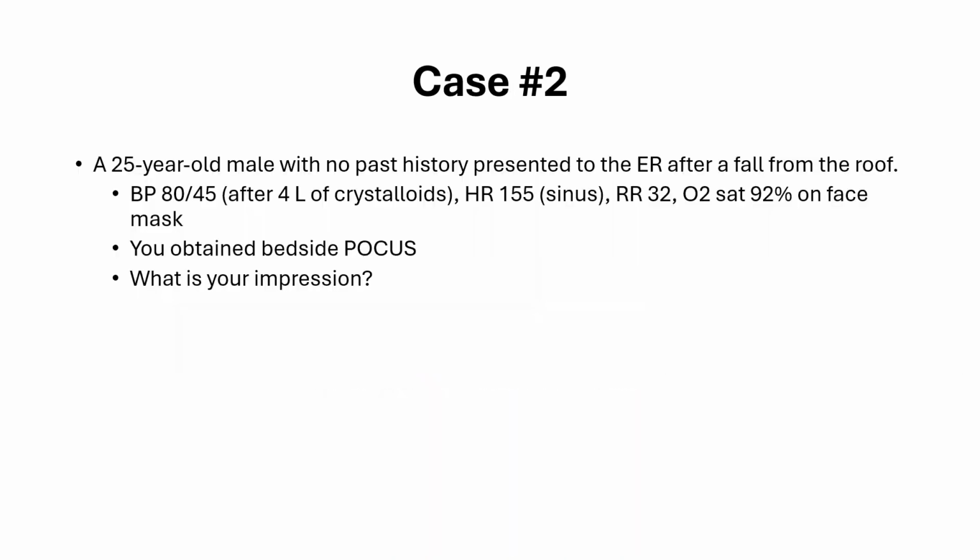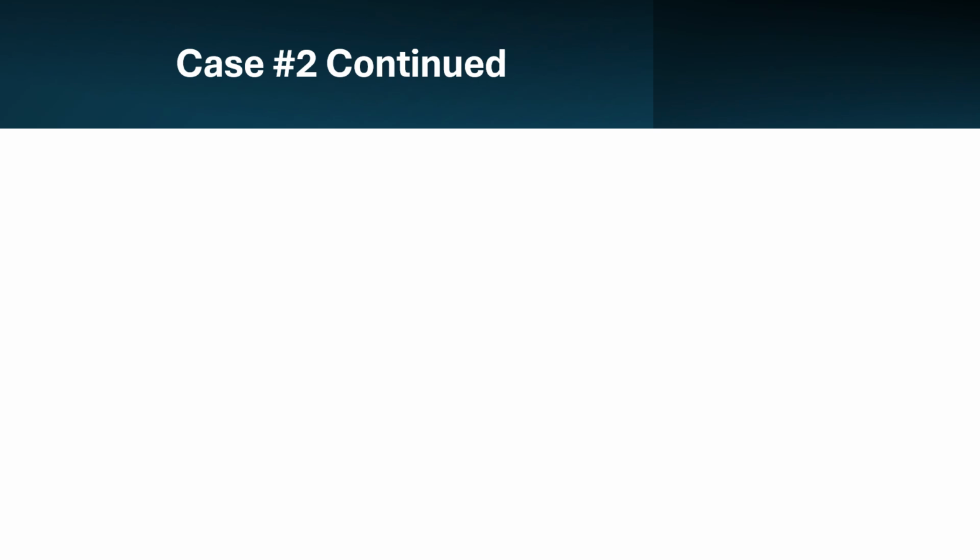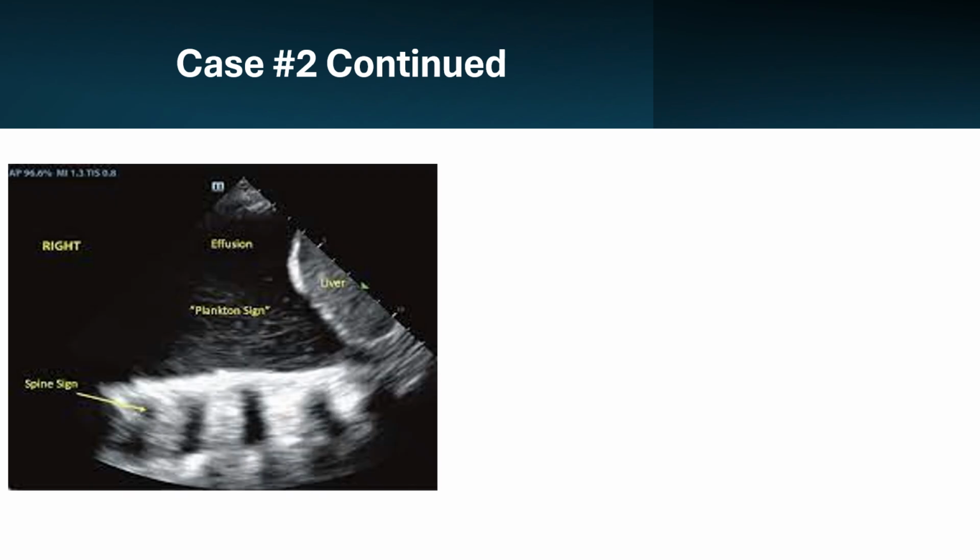All right, let's do case number 2. And again, this is the same patient, but with slightly different pathology. This is what you get. Here's a still image of this patient. Again, you see a liver, you see a diaphragm, you see a large complex amount of pleural fluid.